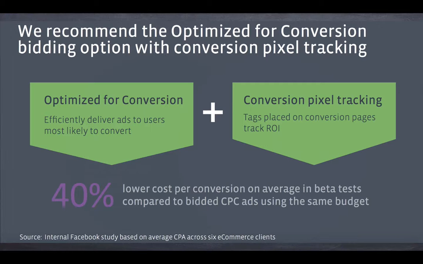So when you're using the website conversions objective, and Ralph goes through this in the bidding video, when you're manually bidding and you're optimizing it based on conversions, then you will get better results eventually.